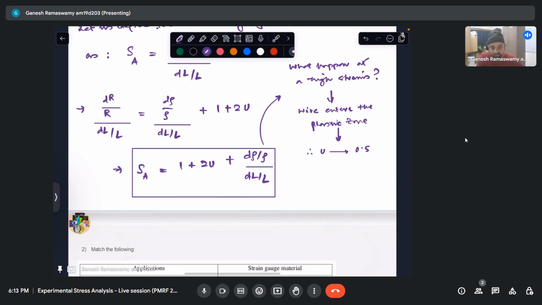There is no change in the resistivity. So therefore, S_A approaches 1 plus 2 into 0.5, which means the strain sensitivity of the conductor approaches 2 when at high strains.